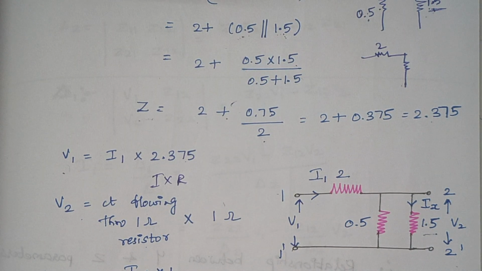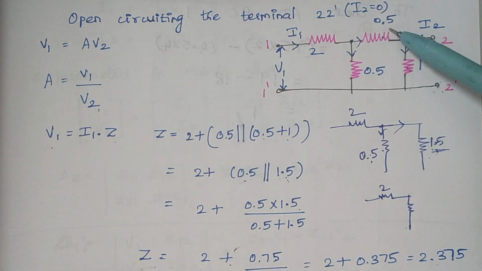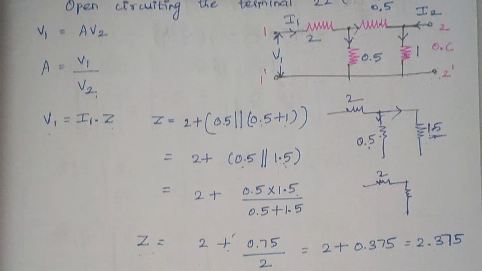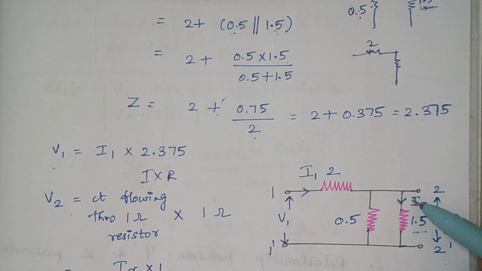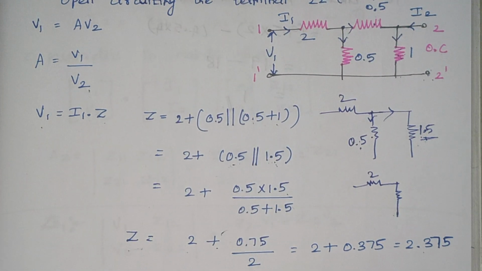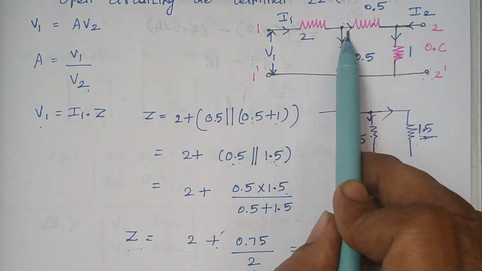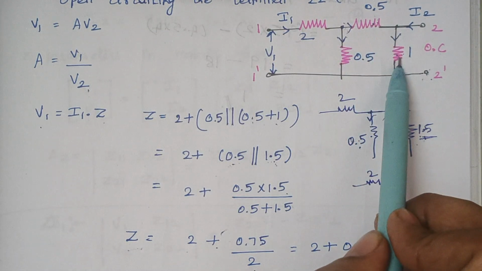Here, what we have done is, I had combined these two resistors together. So 0.5 plus 1 are in series, right? Therefore, 0.5 plus 1 gives you 1.5 here. We are assuming Ix is the current that flows through this 1.5. That is why the current flowing through this 0.5 ohm flows through this 1 ohm, because they are connected in series.